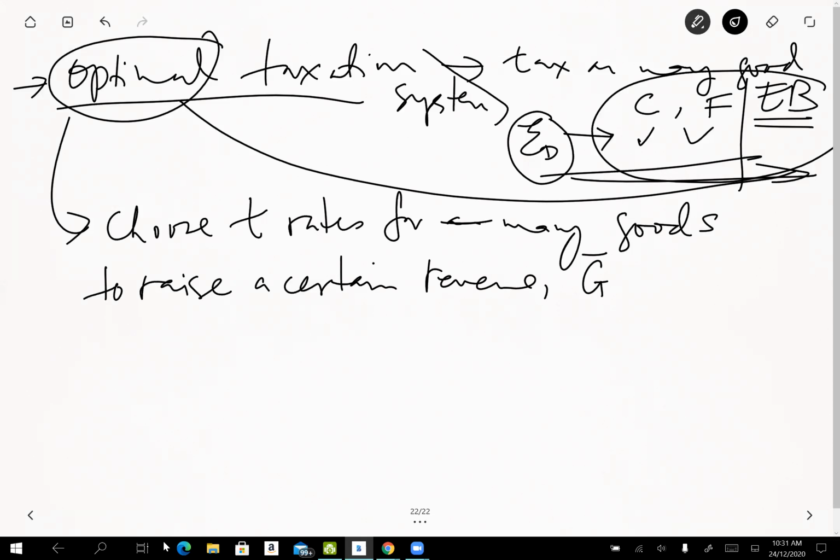So that G bar is fixed. Let's say the government wants to raise 2 million, in order to minimize the total excess burden.